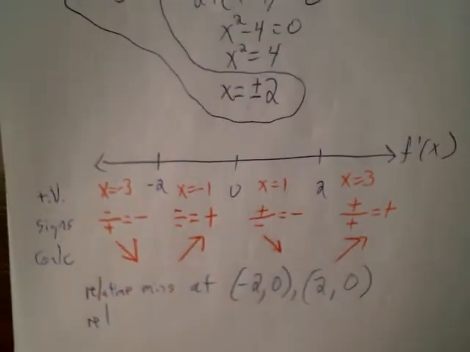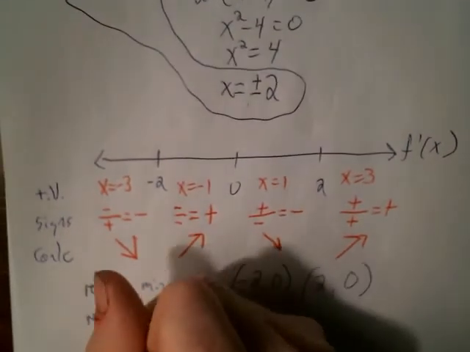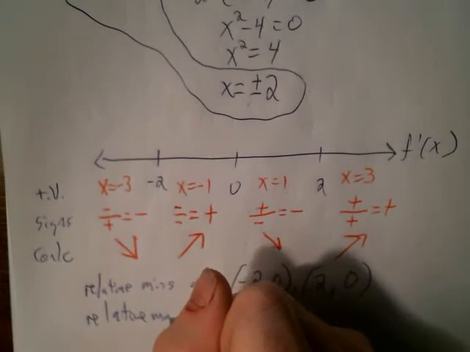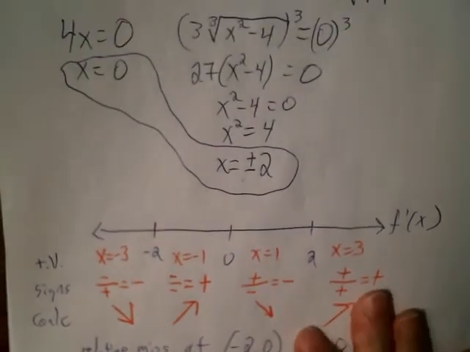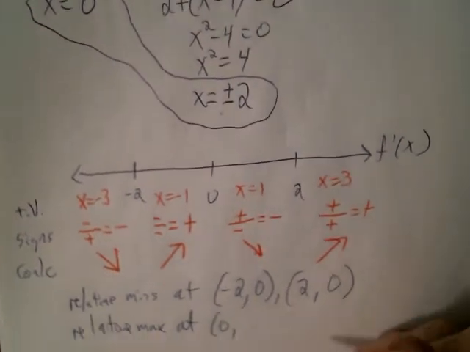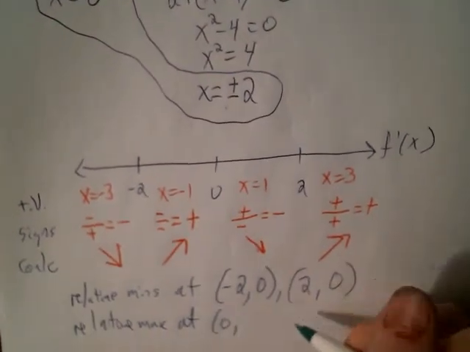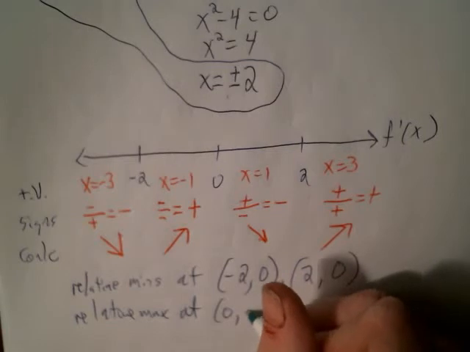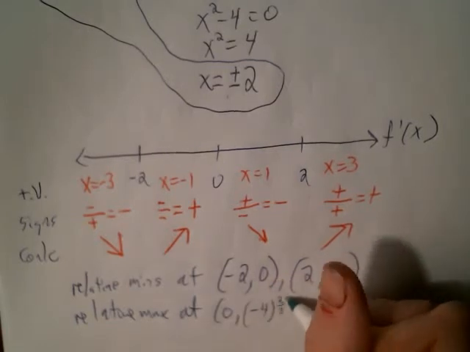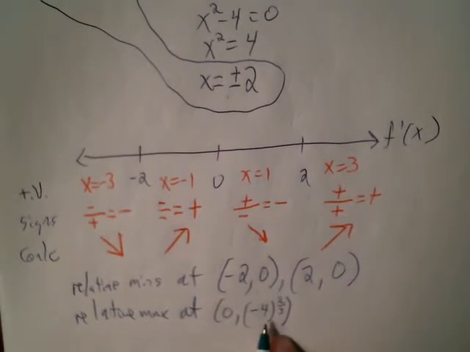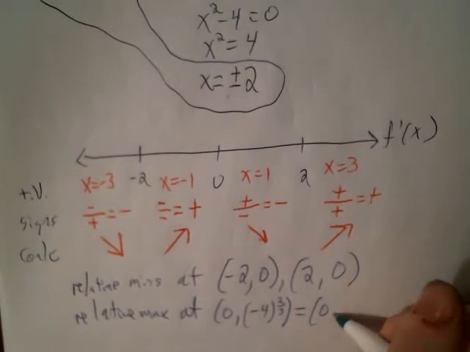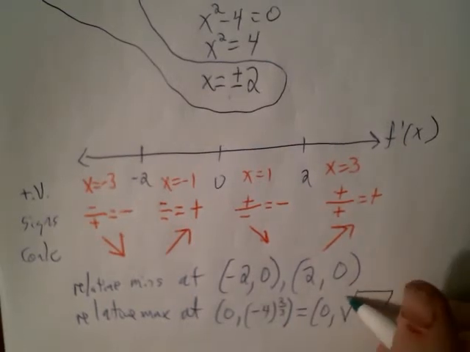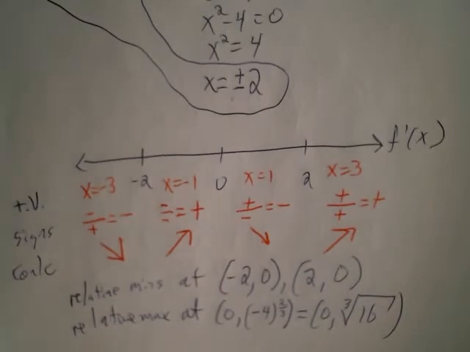And then there's a relative max in the middle here, and that's at 0, comma, -4 to the 2/3, whatever the heck that is, right? To evaluate that, -4 squared is 16, and then I just need the cube root of that. So this is 0, comma, the cube root of 16, whatever that is. Okay?